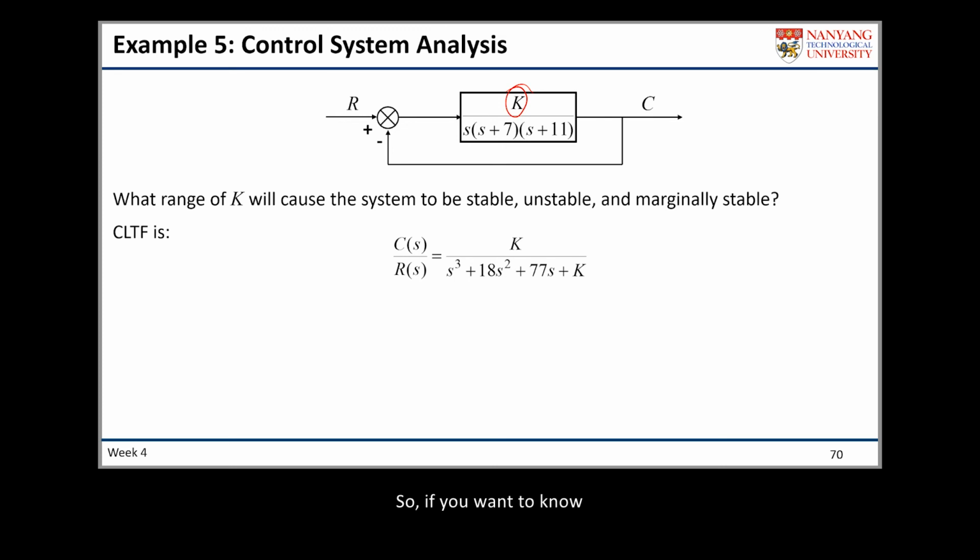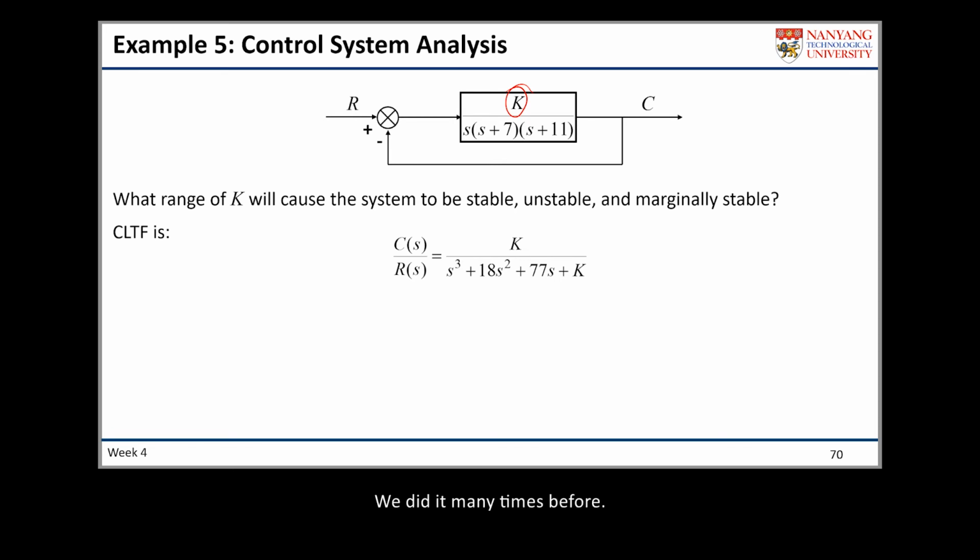So if you want to know what is the range of this gain in order to avoid the instability, you can do it using the Routh array technique as well. So let's try to do it now. We have that system as you can see in the slide, and then from that system you can derive the closed loop transfer function. You know how to do this.